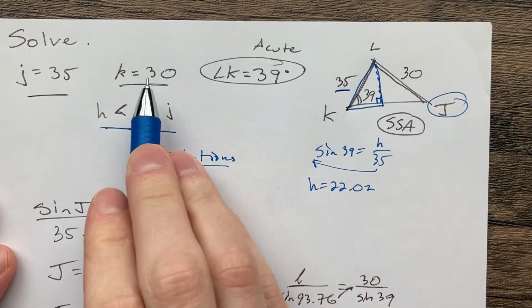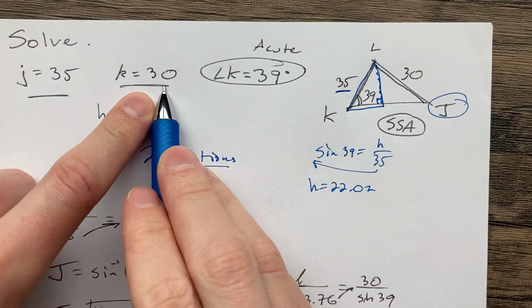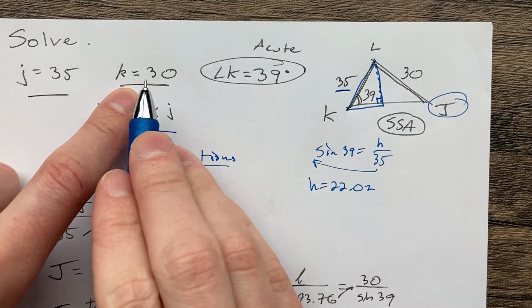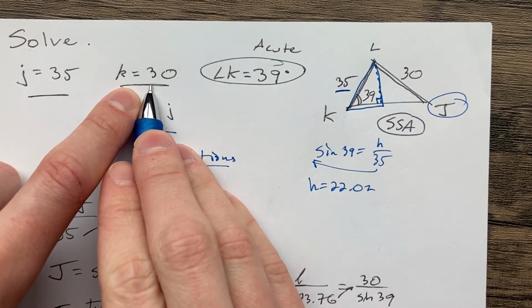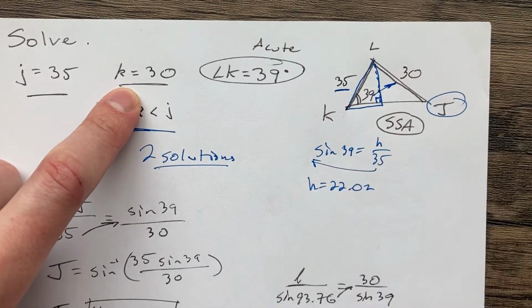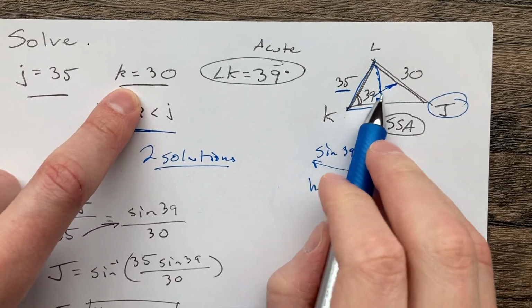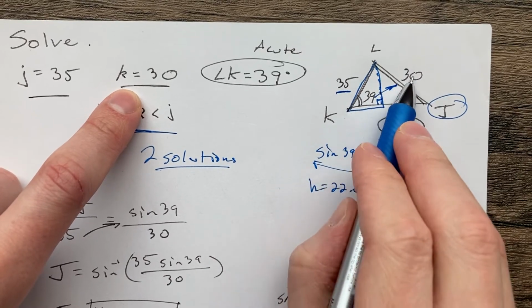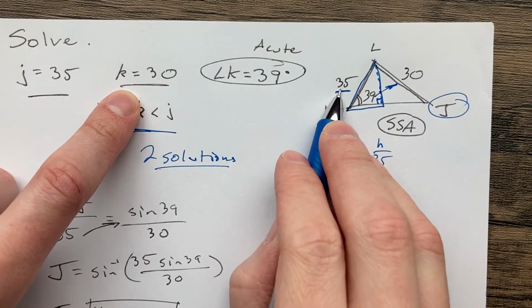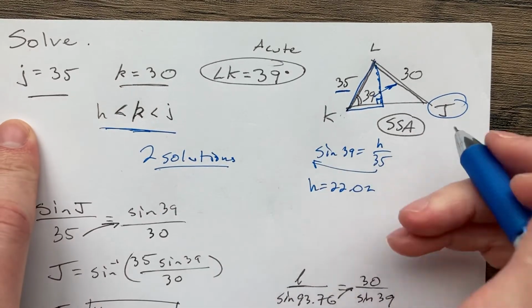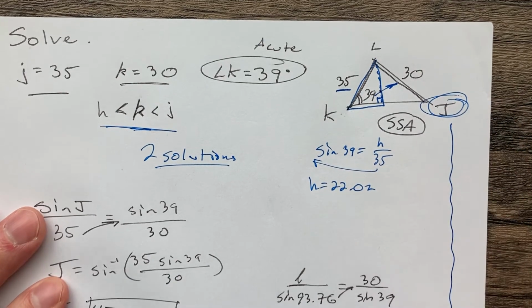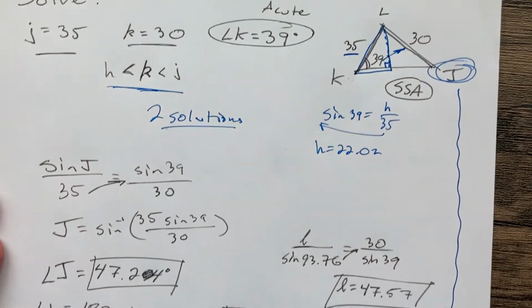So they gave us side K and J. I'm calling side K the first side they gave us because that is opposite of our known angle. So that's kind of what I'm considering that first side. So we have that pair of angle K and side K. And we also have side J. All right, and so that makes angle J the one that is supplementary down here in our second triangle.